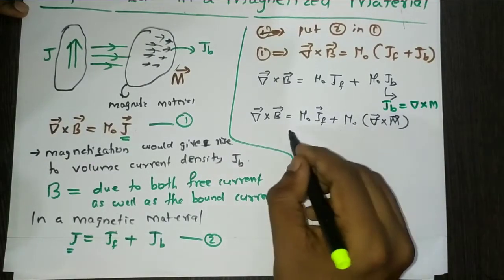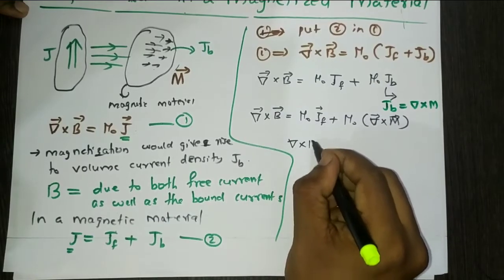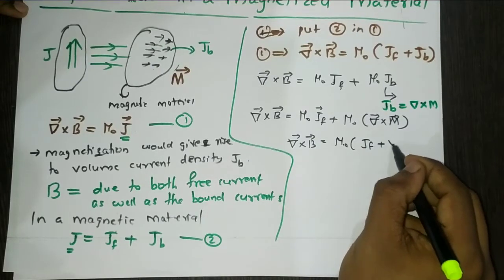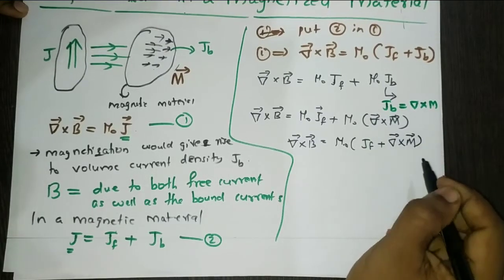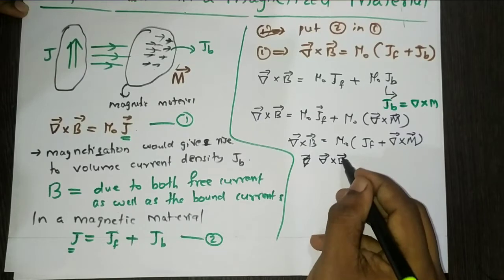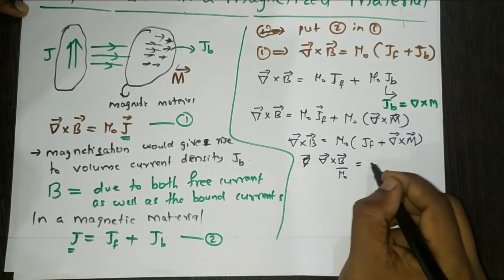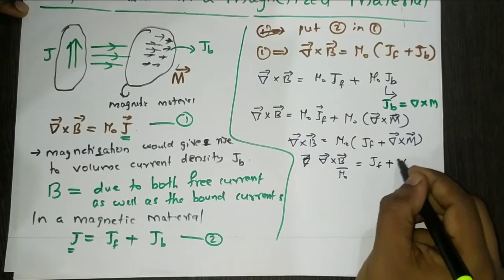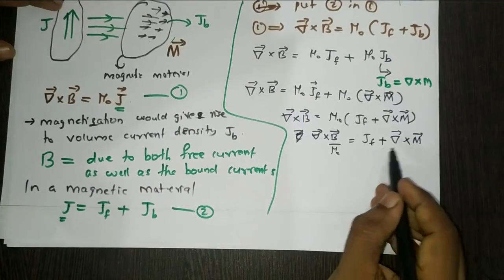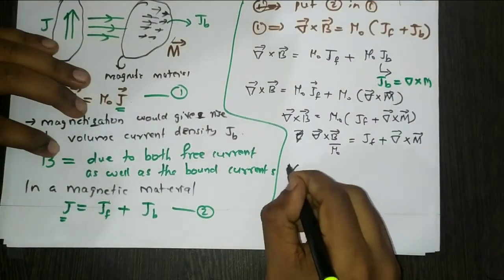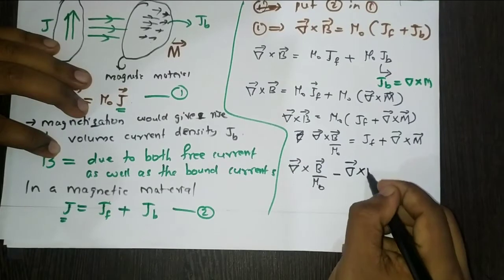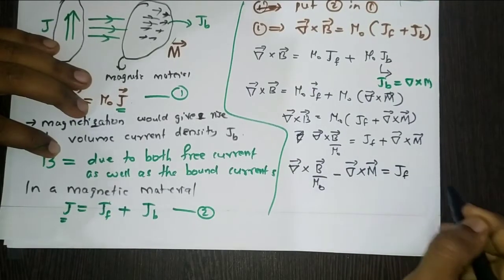Now, if you take the mu 0 outside, del cross B is equal to mu 0 times JF plus del cross M. Or, taking mu 0 to the left side, del cross B divided by mu 0 is equal to JF plus del cross M. Now bring this del cross M to the left side: del cross B by mu 0 minus del cross M is equal to JF.